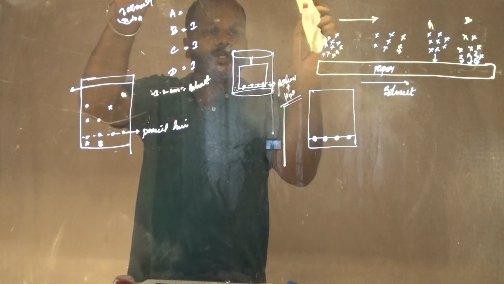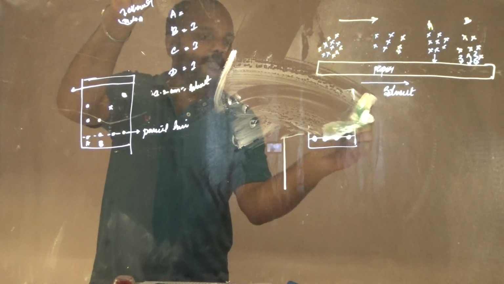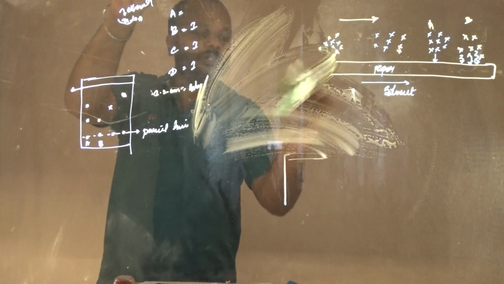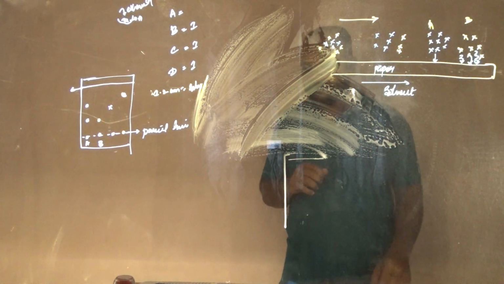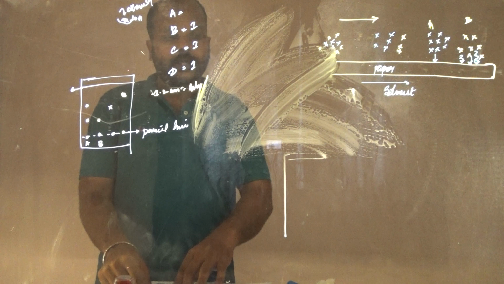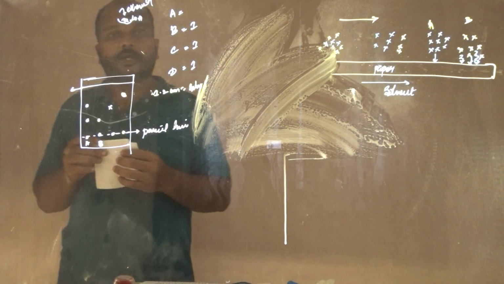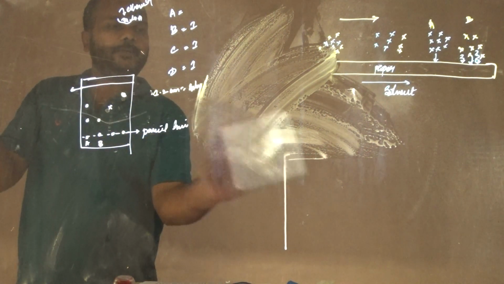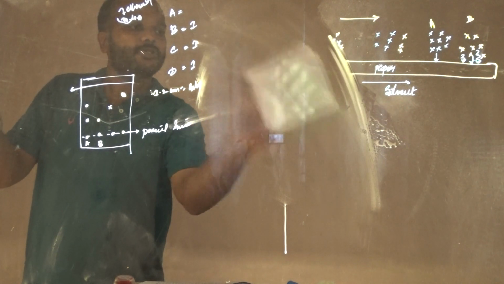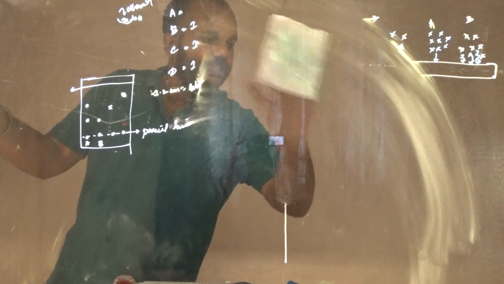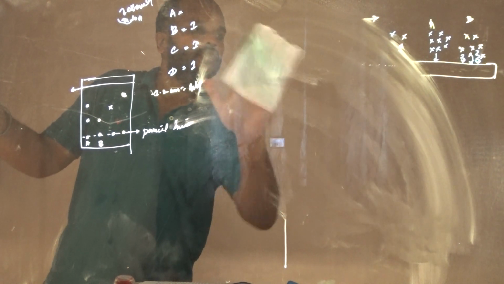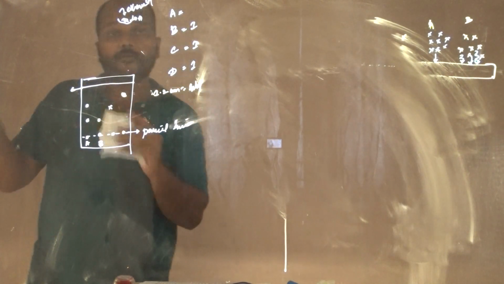Once this distance is traveled by these amino acids, the next job is to observe till where these amino acids might have traveled. There are some coloring agents or visualizing agents which we need to use in order to make these amino acids visible.